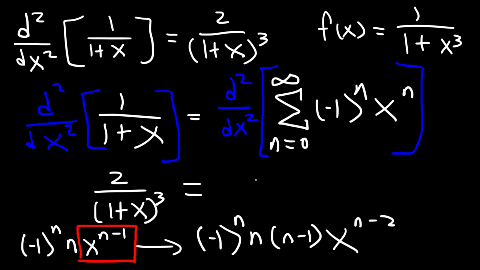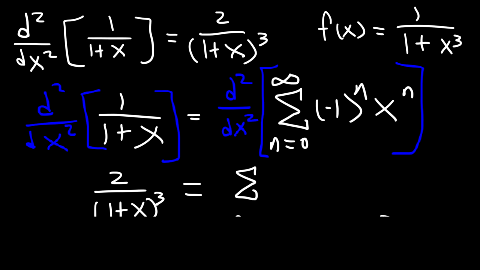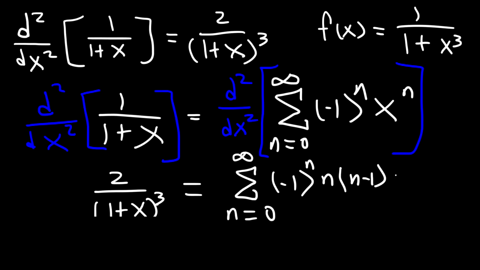So thus we have this expression. So from 0 to infinity, negative 1 to the n times n times n minus 1 times x raised to the n minus 2. So that's the power series for this function.